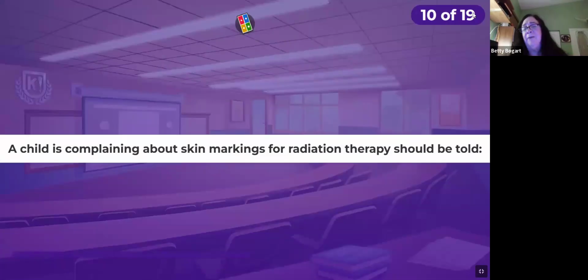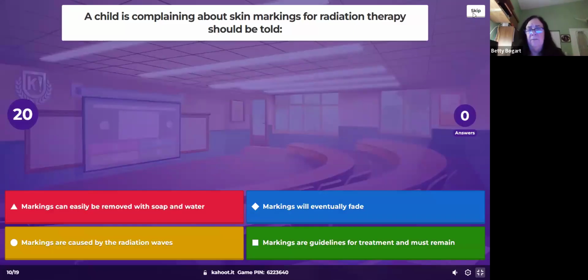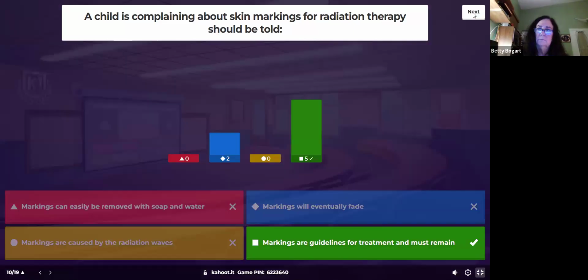A child's complaining about those skin markings for radiation. What should they be told? They've got those purple markings, remember the one above the eye? What are we going to do with those? Those little markings tell exactly where to point the radiation the next time they go.